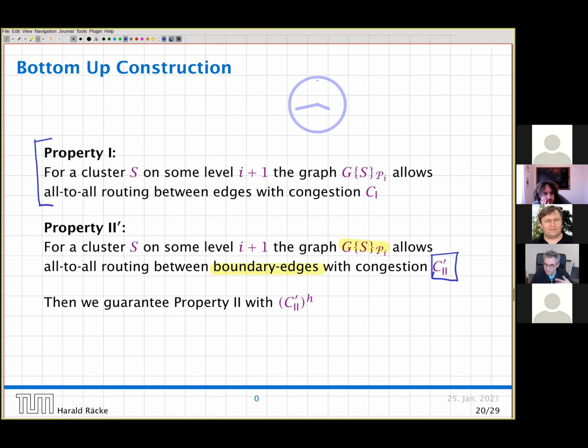Of course, routing in the contracted graph is a lot easier than routing in the whole graph. But if I can do this, then the previous argument tells me that the value for the real C2 is this value to the H. With every undoing of a contraction, I'm losing this factor once.